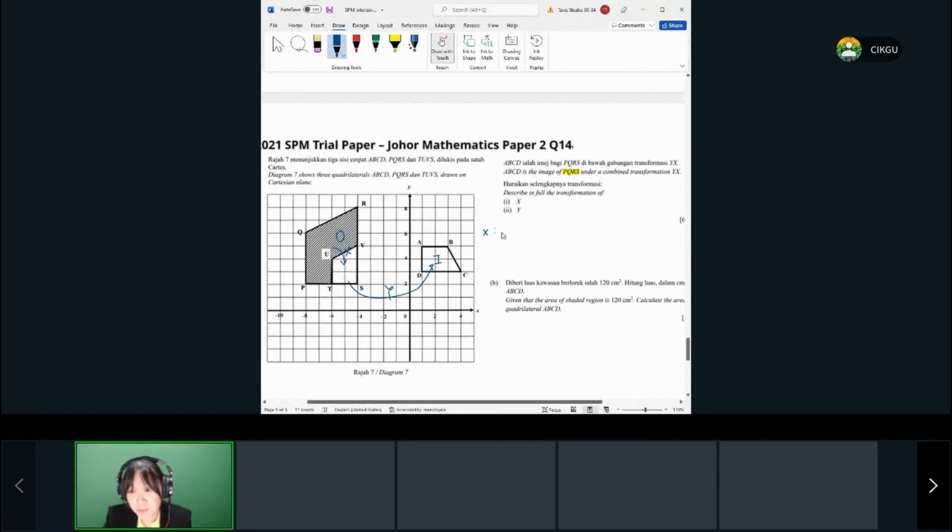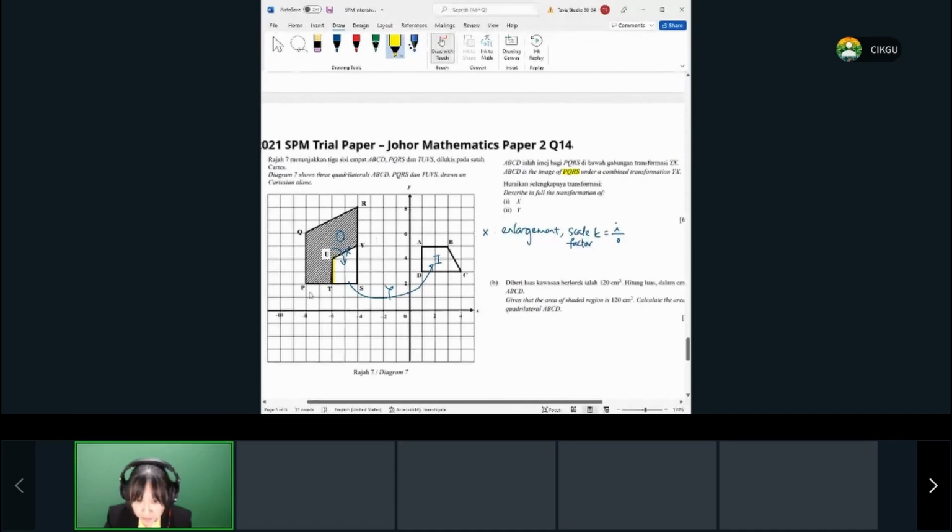So if the shape becomes smaller, yes, it is still under enlargement, but the scale factor K, if you follow the formula, is the length of image divided by length of object. You look at what is the image. Let's say I choose this side. White color is the image, right?